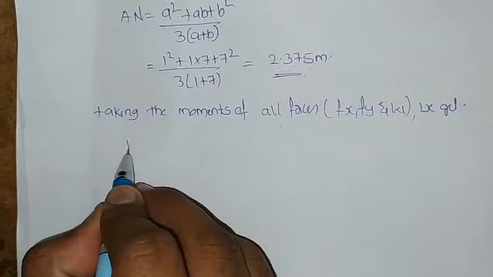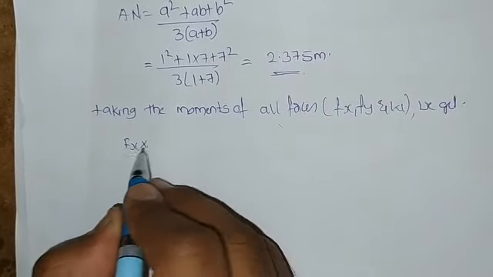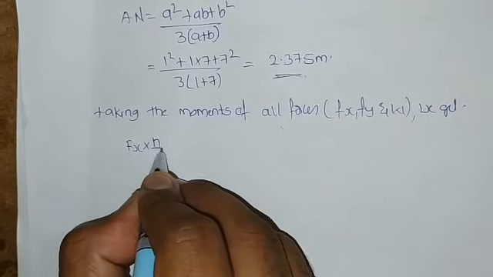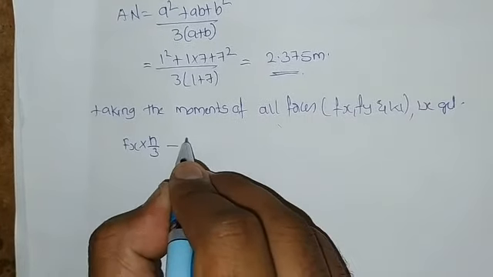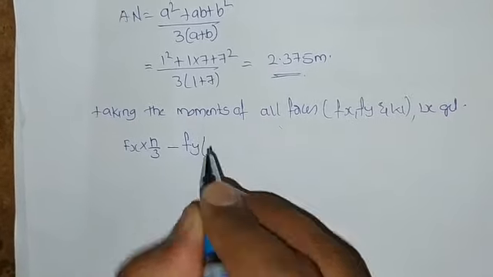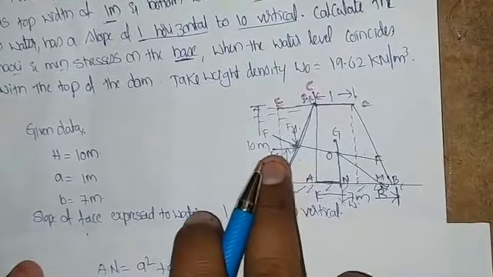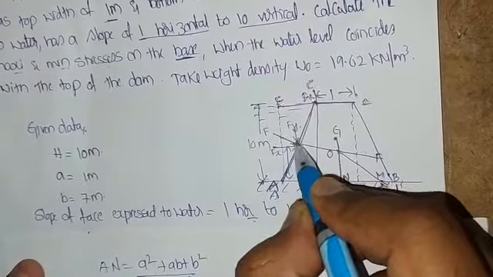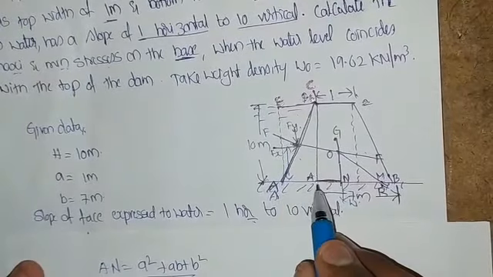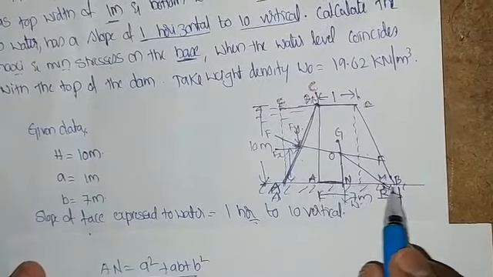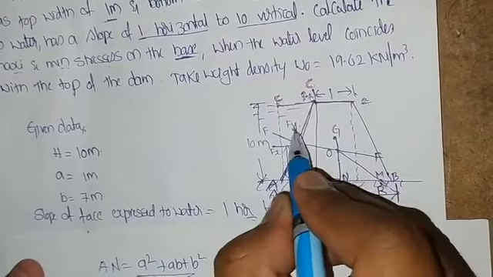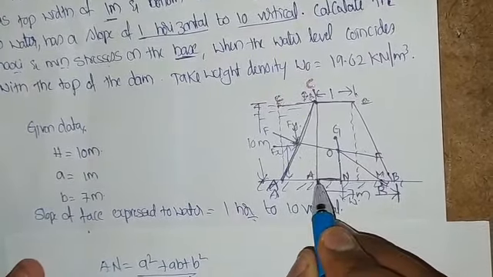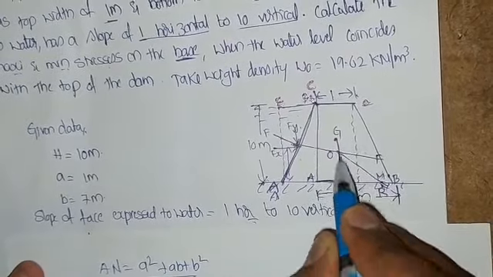Then the equation will become Fx into h by 3, since Fx is acting at a distance of h by 3 from the base, minus Fy, which is acting perpendicular to the distance AM, into (AM minus 1) by 3.